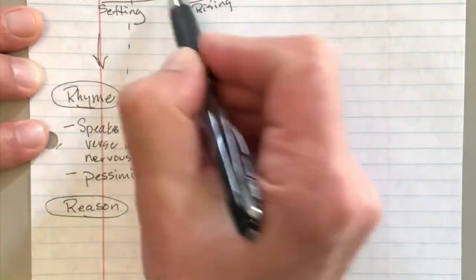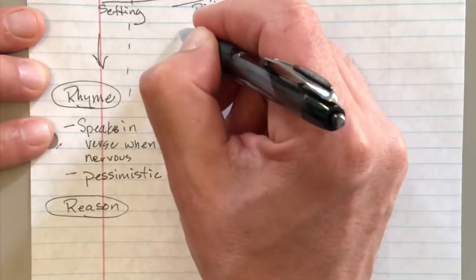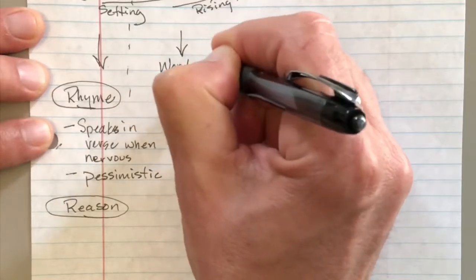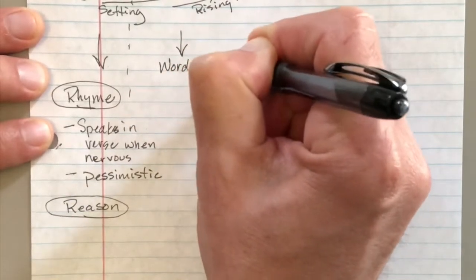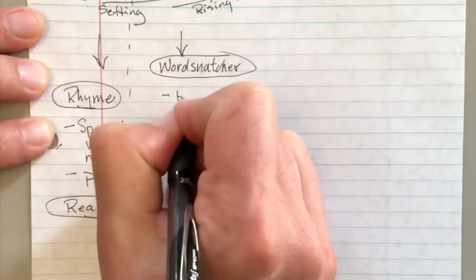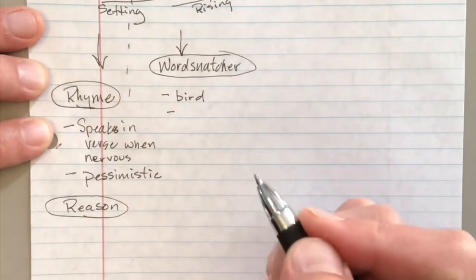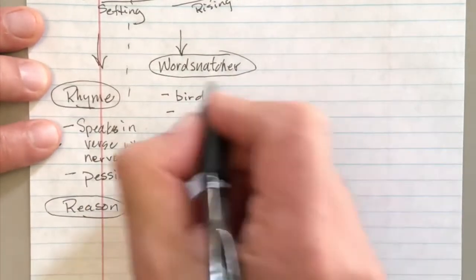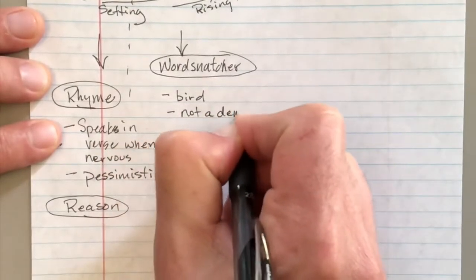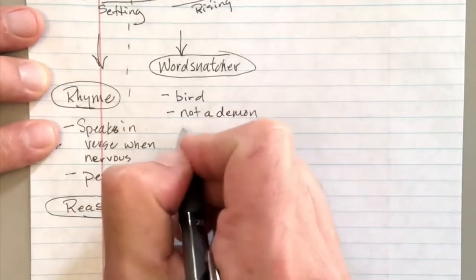Then we go to Milo into the land of the ignorance, and let's think about the characters. He meets this word snatcher. And what do we know about the word snatcher? Well, it's a bird. And we also know that it's not a demon. It's not a demon, but it does give Milo and his crew a warning.